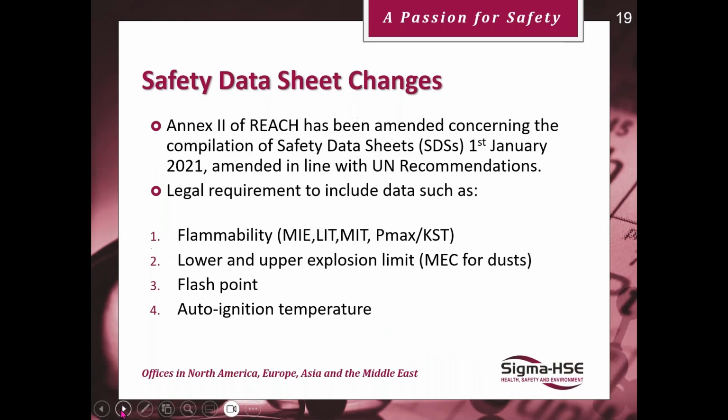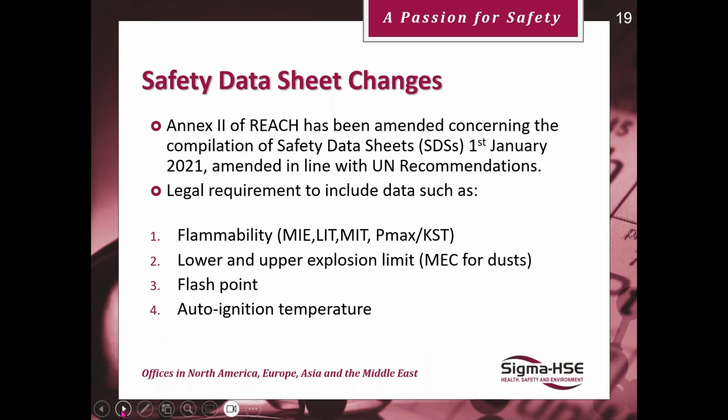So as I said to you about the data sheets, Annex 2 of REACH has been amended concerning the compilation of data sheets as from the 1st of January 2021, amending it in line with the UN recommendations under GHS, the Global Harmonized System. Legal requirements to include flammability such as MIE, LIT and MIT, PMAX/KST.